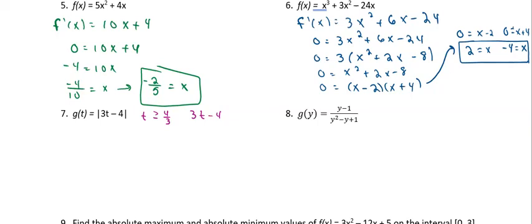That 4/3 is what's going to be splitting it from taking the absolute value of a positive or the absolute value of a negative. So if t is less than 4/3, then we're going to be taking the absolute value of a negative. So it would look like the opposite of 3t minus 4, which would look like negative 3t plus 4.